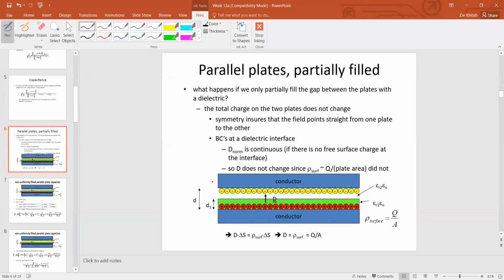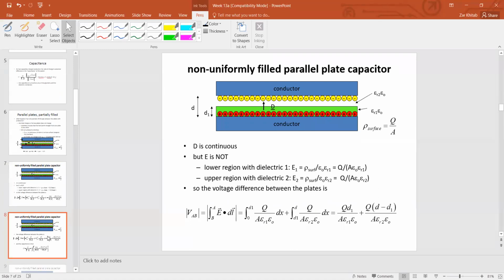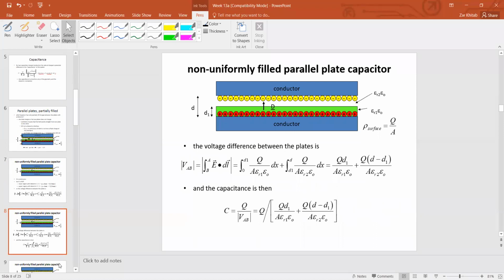And what if we fill the two parallel plates with two different dielectrics, say epsilon r1 and epsilon r2? What if we fill the structure with the green dielectric and the white dielectric? Then we saw that this structure is like we have two capacitors in series.